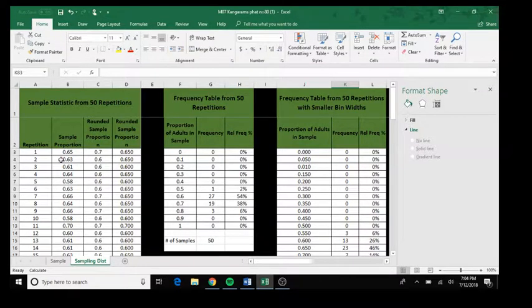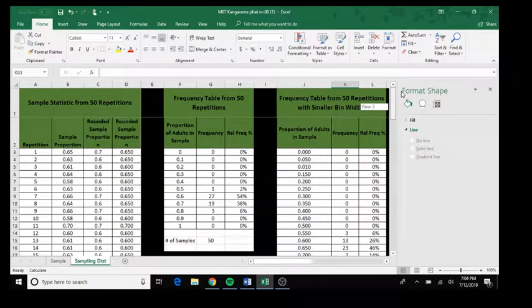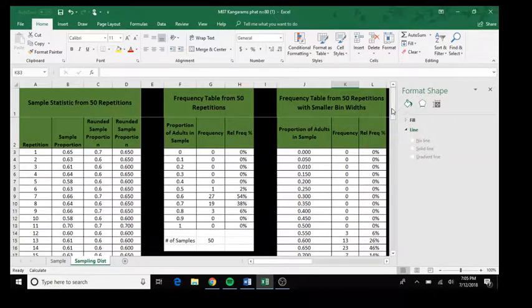So as you can see, the sample statistic from 50 repetitions gave me all of this, and the frequency table from 50 repetitions gave me all of this, and it has the number of samples below that says 50, and the frequency table from 50 repetitions with smaller bin widths. And as you can see, under this one it gave me the number of repetitions, which is the number of samples, the mean, the standard deviation, the minimum, and the maximum of this frequency table.